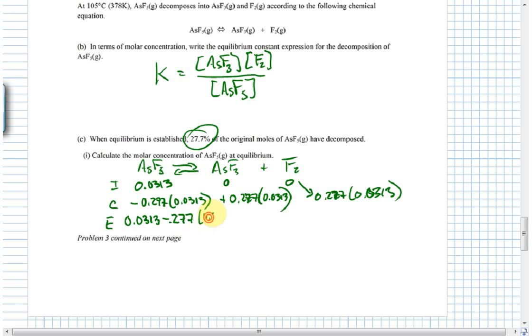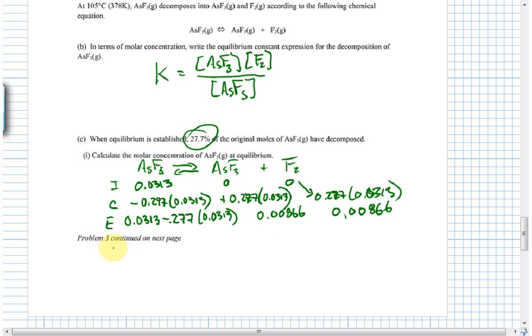0.277 times 0.0313. And these are going to be the corresponding other concentrations, 0.00866 molar, right? And put another 6 there, keep our sig figs.